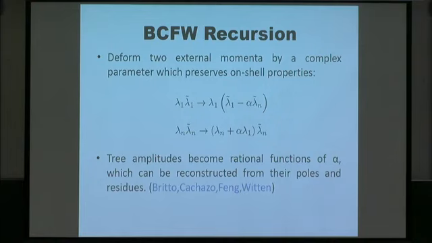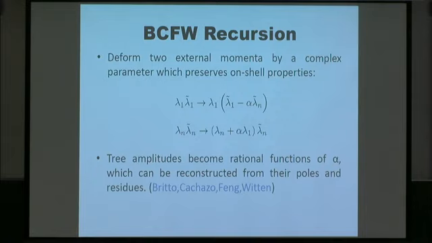And on the other hand, when you add these two momenta together, you see that their sum is invariant under the deformation, because this deformation comes with a minus sign here and a plus sign here. So the point is that I'm deforming these momenta into the complex plane in such a way that maintains the fact that I'm still working with an on-shell amplitude.